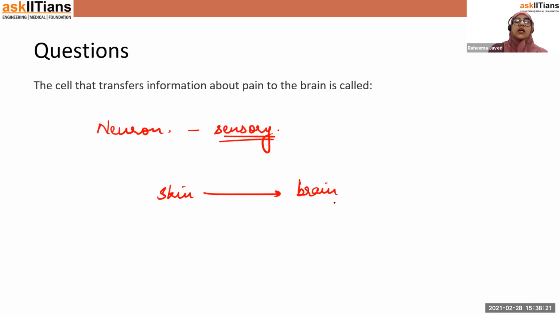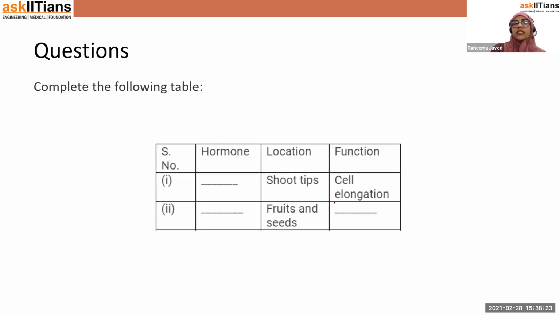Next question, we have to complete the following table. The first column is for the hormone, the second column is for the location. For the first one, the location is shoot tips and it causes cell elongation. So this is definitely auxin. The second one is found in fruits and seeds, but what is it doing in fruits and seeds?